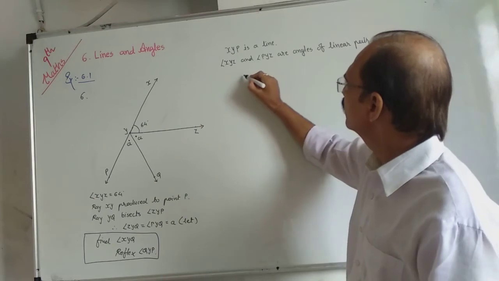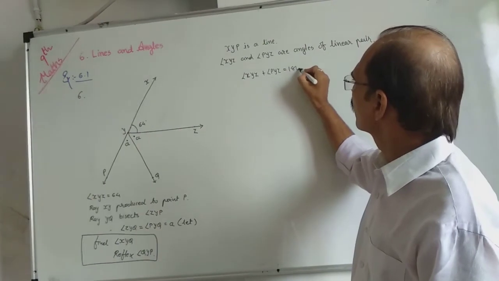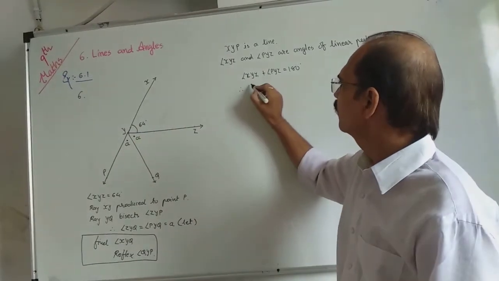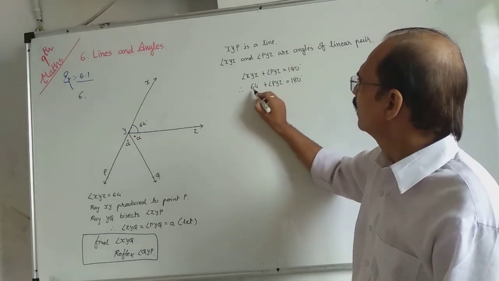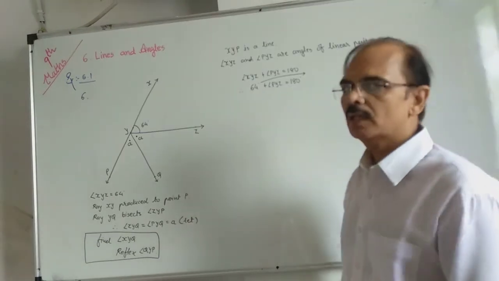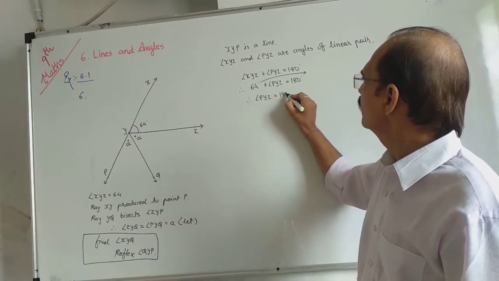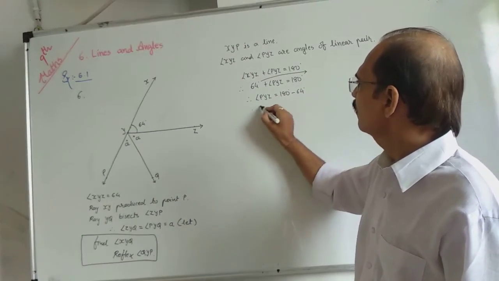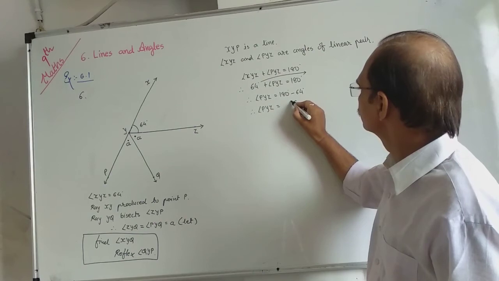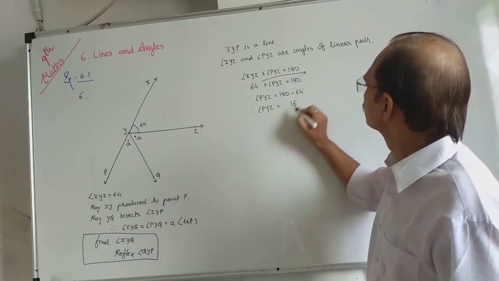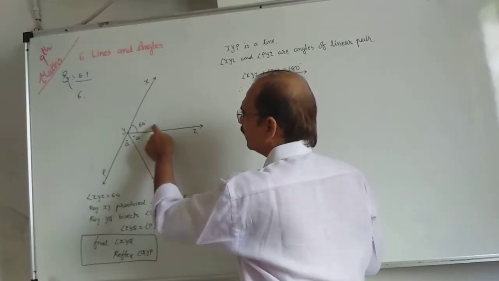Means sum of these two angles is 180. XYZ plus PYZ equals to 180. I have XYZ. XYZ is 64 plus PYZ equal to 180 degree. Take 64 this side. Plus 64 will be minus. So angle PYZ equal to 180 minus 64, will be 116. See, PYZ is 116.